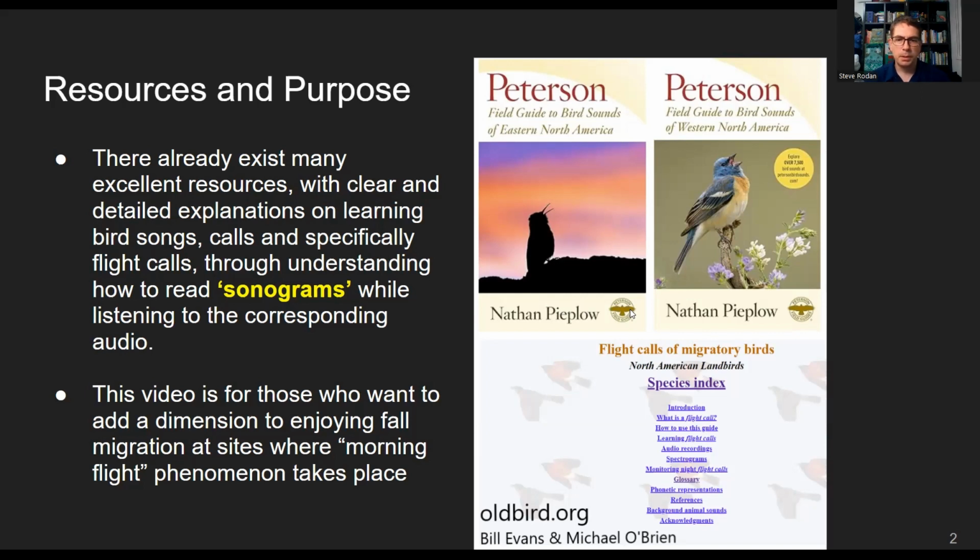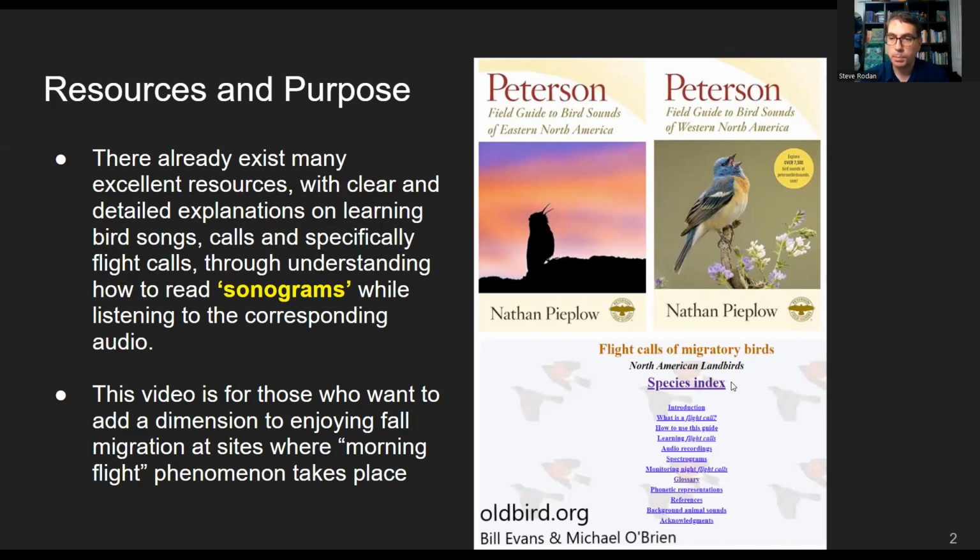And then on the bottom here is oldbird.org. Now, when I got started in birding, I don't know if it was a year before or a year or two after the CD-ROM came out, Flight Calls of Migratory Birds, North American land birds. But now, fortunately, it's been made available for free.